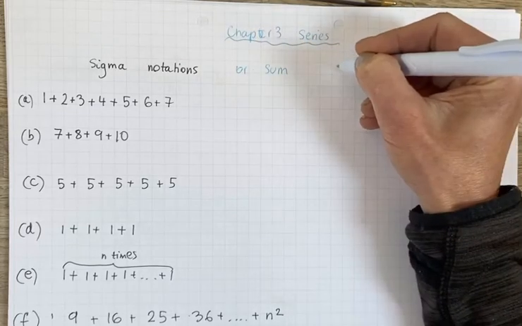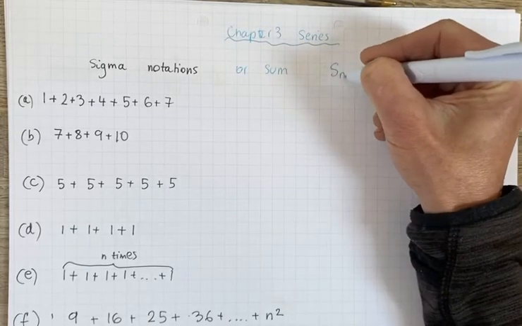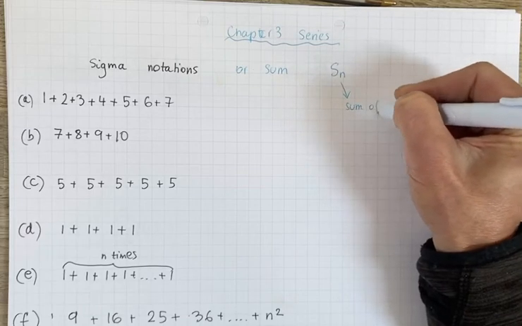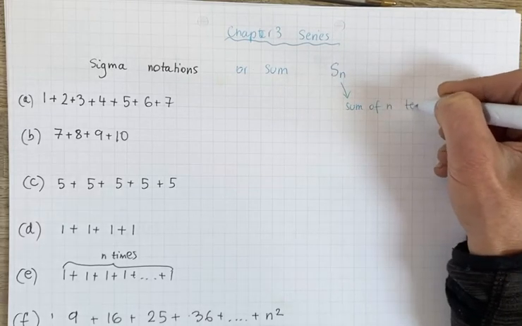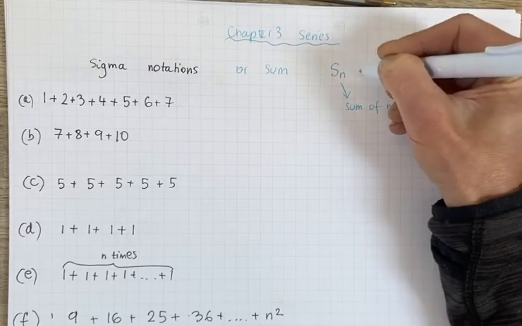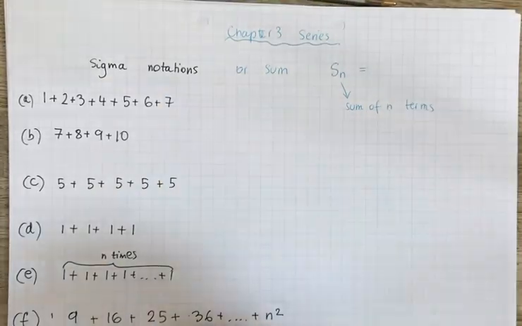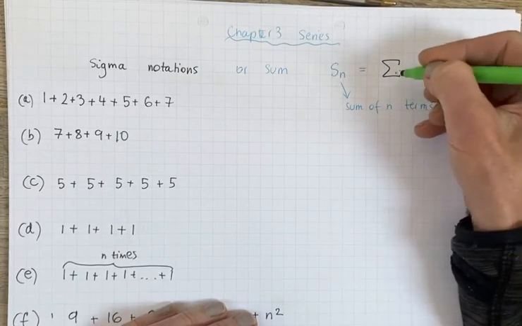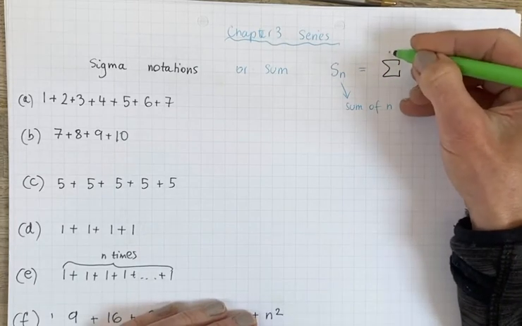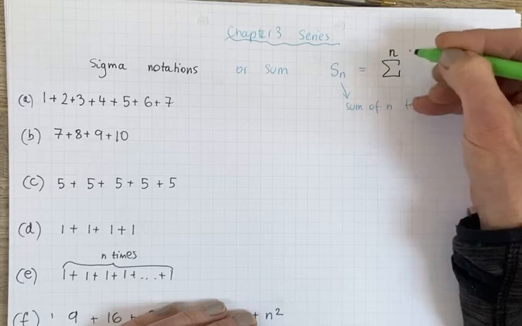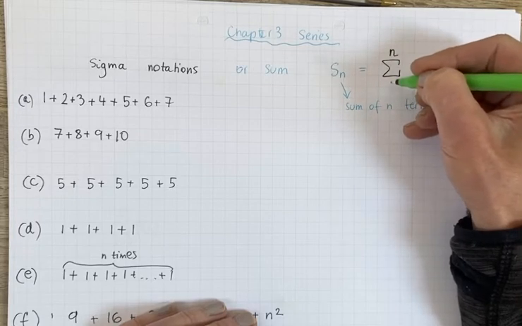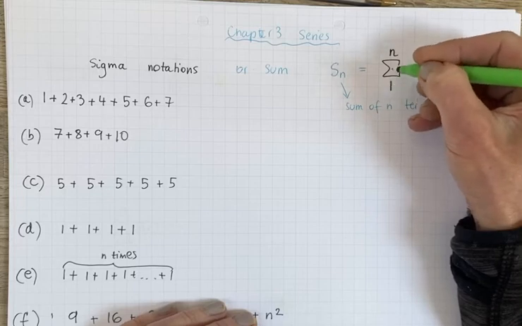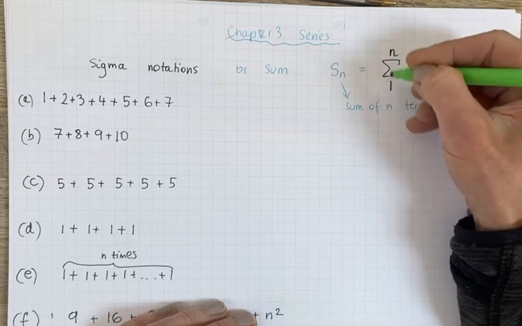So rather than saying Sn, which would be the sum of n terms, what you could write is sigma, which is a Greek letter, S for sum. There will be n terms, so you put n here, but you're going to start from the first term. So this is the first term all the way up to n terms.